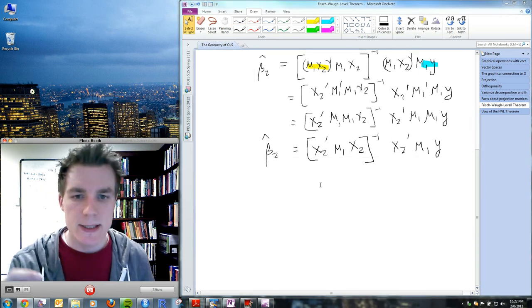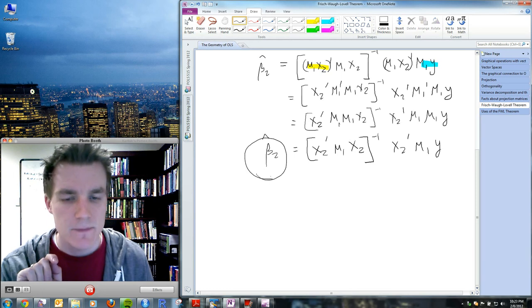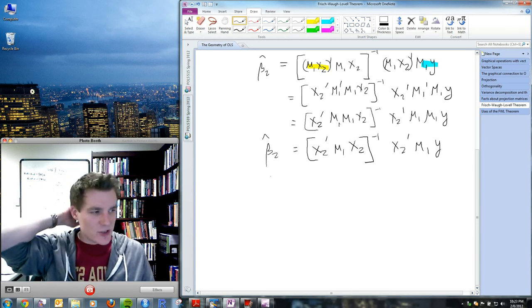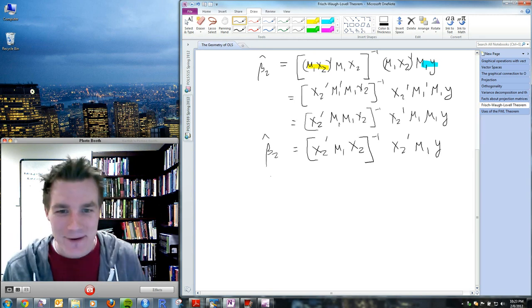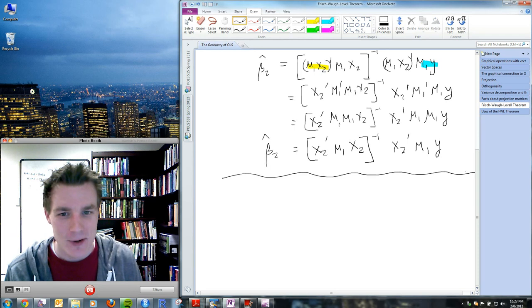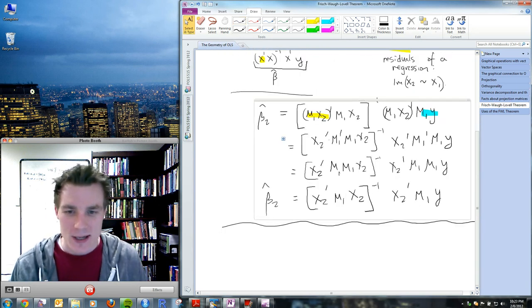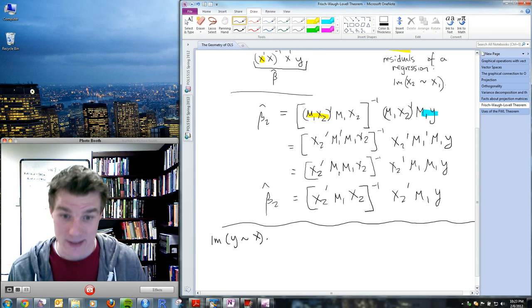Now what I want to show is that the estimate of beta 2 I get from running this crazy residuals regression is going to be the same as the beta 2 estimate I would get if I just ran a normal person regression. Suppose I ran the normal person regression, lm of y on the whole of x.